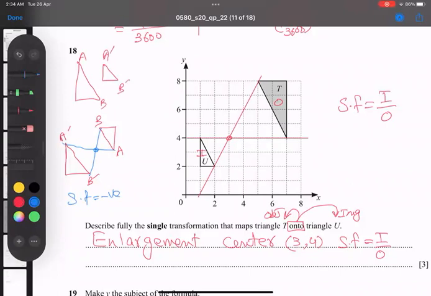If I join corresponding positions and I come in the middle, then the scale factor is always negative. But if the center is on one side, then the scale factor is always positive. So in the middle, negative; on one side, positive. Because it is in the middle, the scale factor is negative.